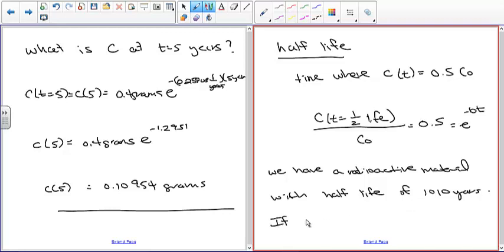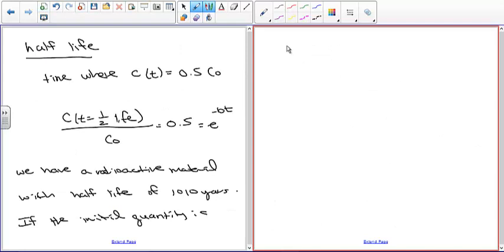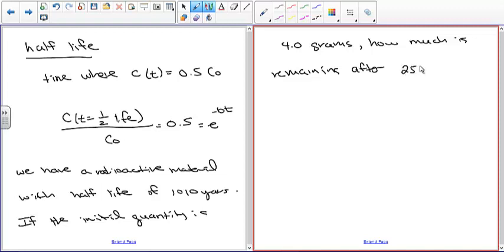If the initial quantity is 4.0 grams, how much is remaining after 2,567 years?